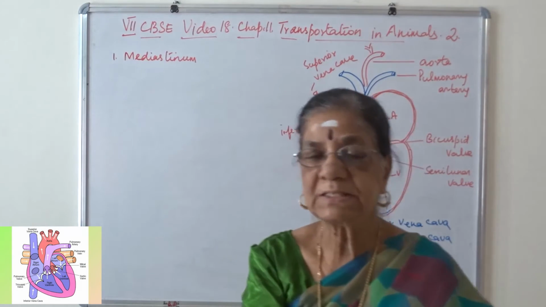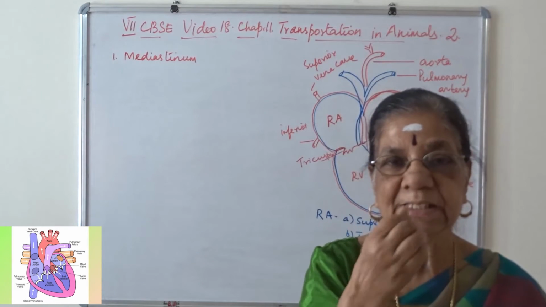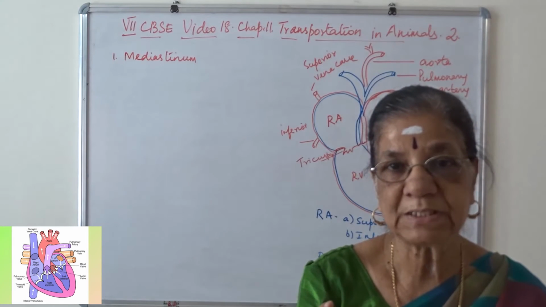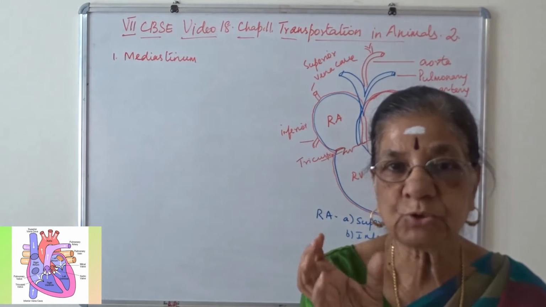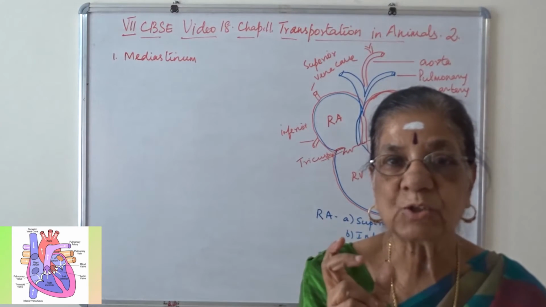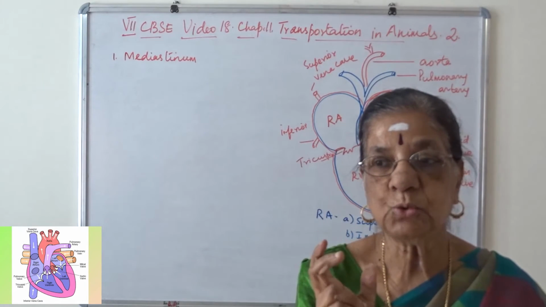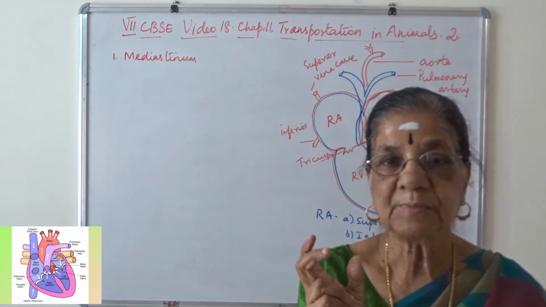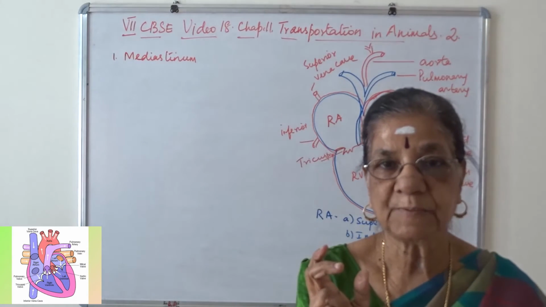The first 7 pairs are known as true ribs, protecting vital organs, especially the heart and lungs. The space between the 2 lungs within the rib cage is known as mediastinum, and within this portion the heart is located.